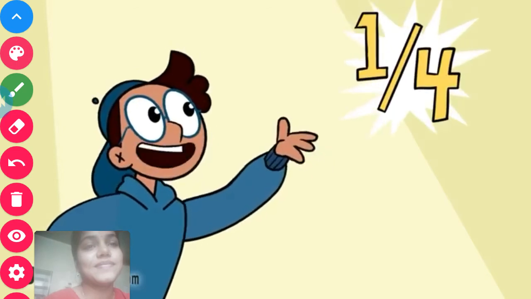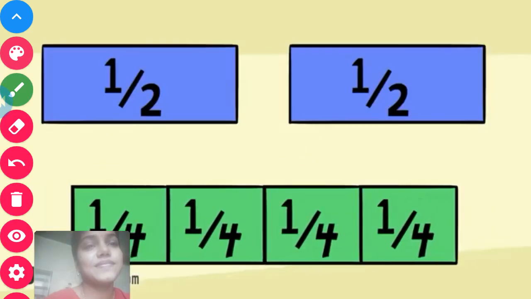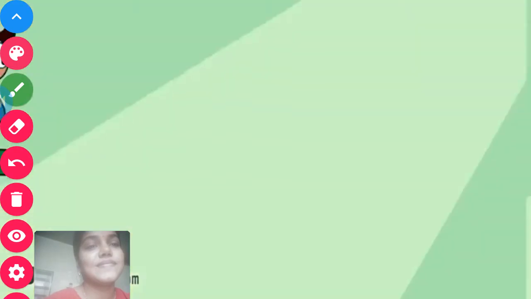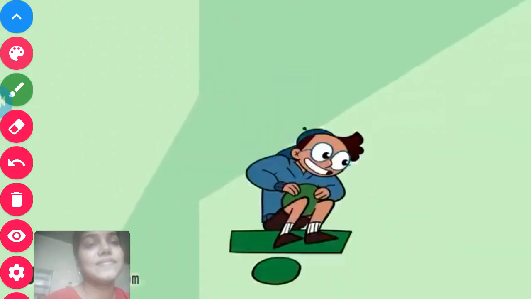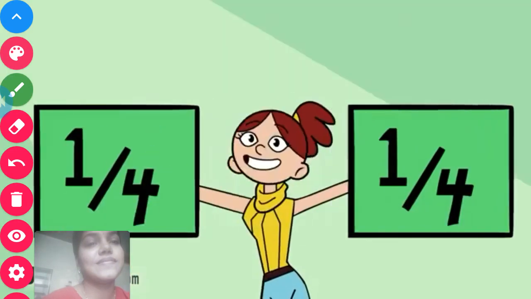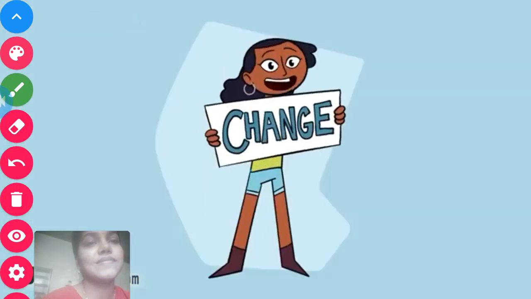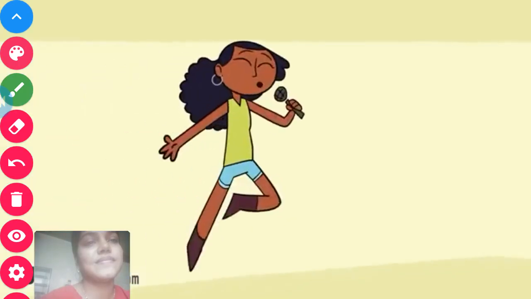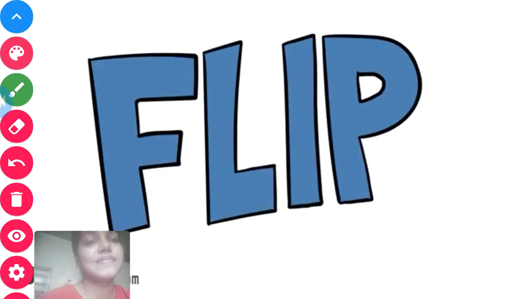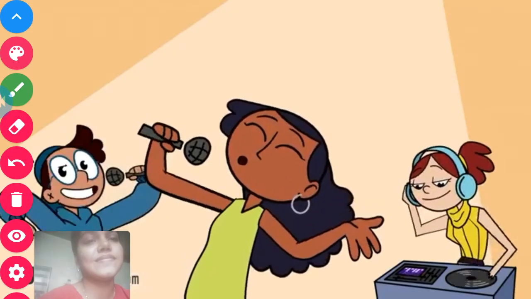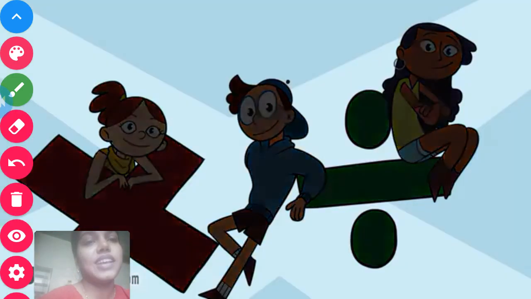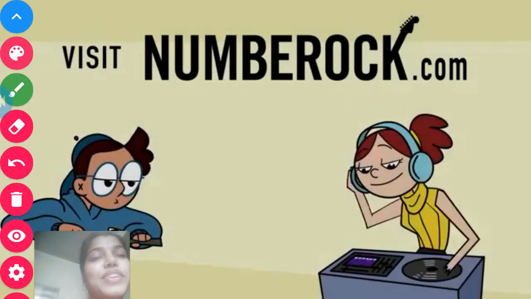How many groups of fourths does 1/2 got? 2/4 fit into 1/2 perfectly, and we found the quotient mentally. To divide by a fraction, here's a tip. Keep, change, flip.